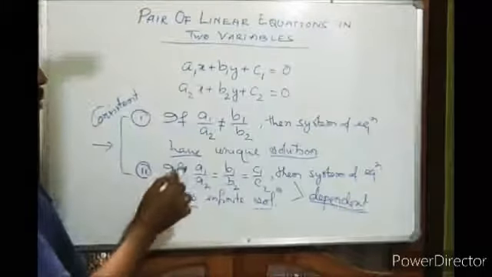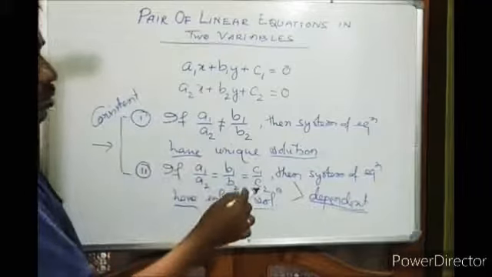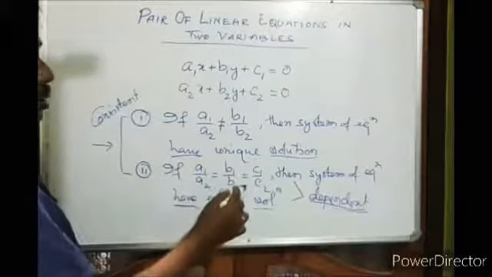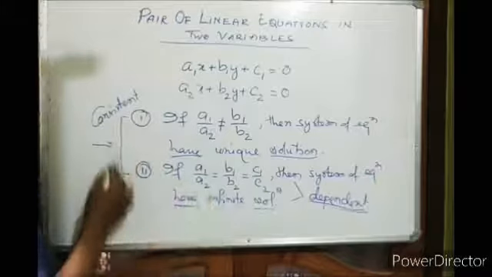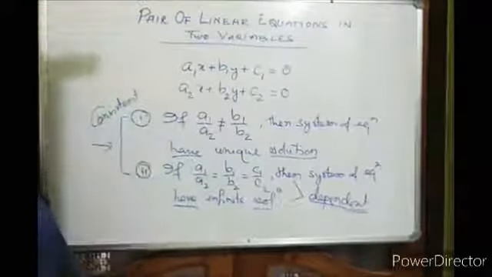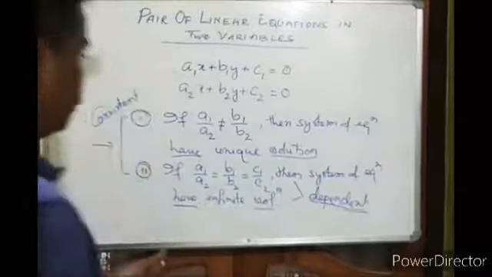If a1 by a2 is equal to b1 by b2 is equal to c1 by c2, the system has infinite solutions. When either of these cases happens, we say the pair of linear equations is consistent.